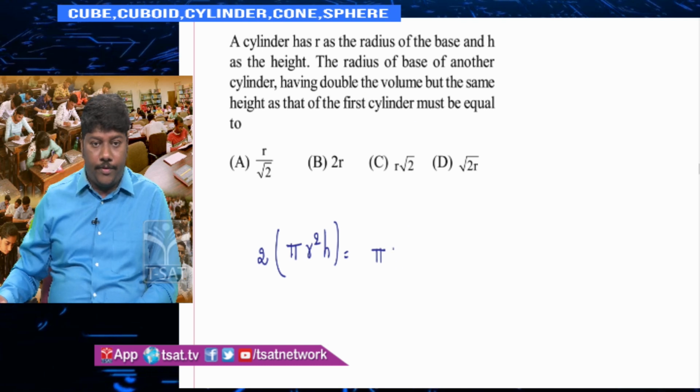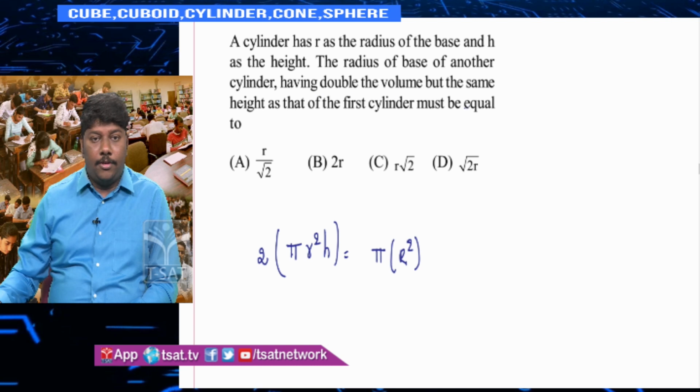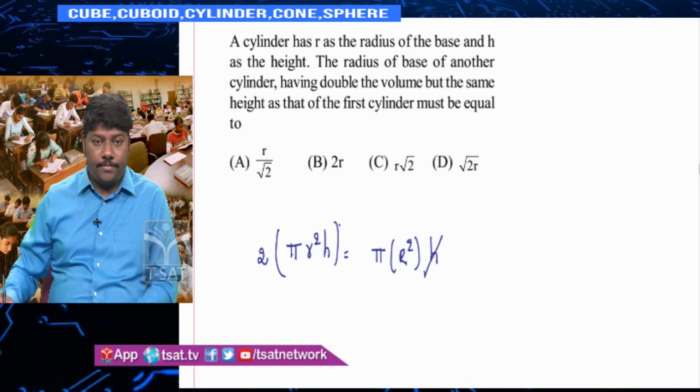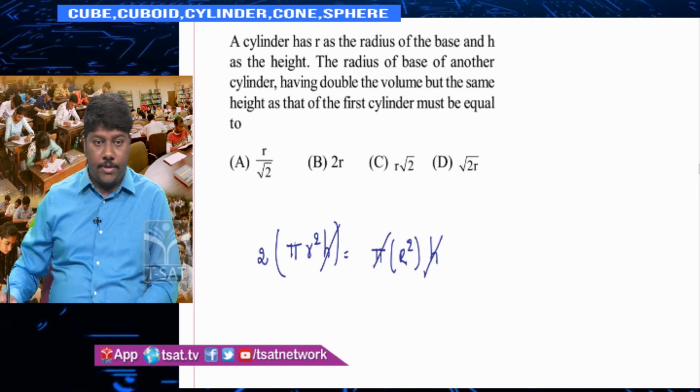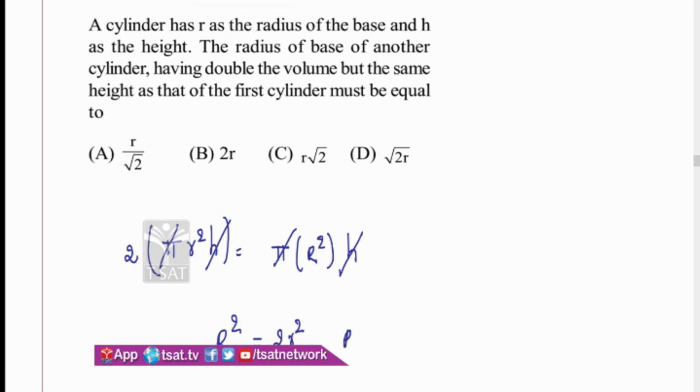The radius you need to find out, let it be R square. Having double the volume and the same height, so h you cancel. Pi also cancels. So radius square is equal to 2 times r square. R is equal to root 2 times small r. So it is root 2 times of small r.